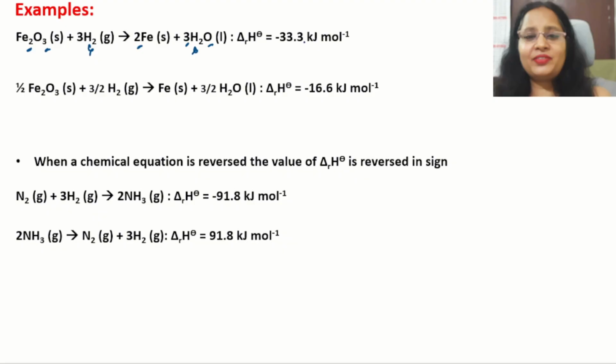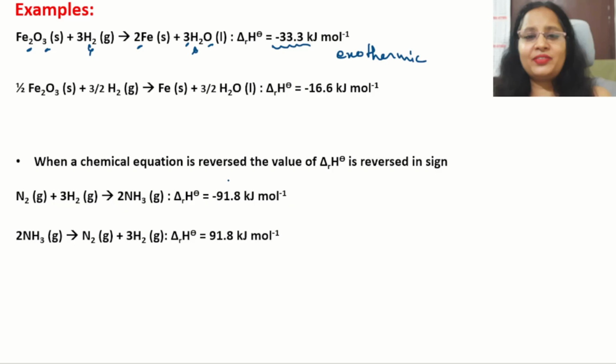One more point to be noted here: the delta RH standard value is negative. Negative means that energy is going out, which means the reaction is exothermic.